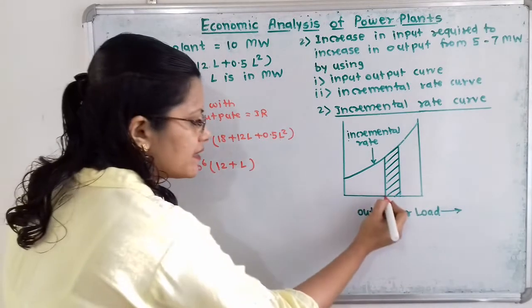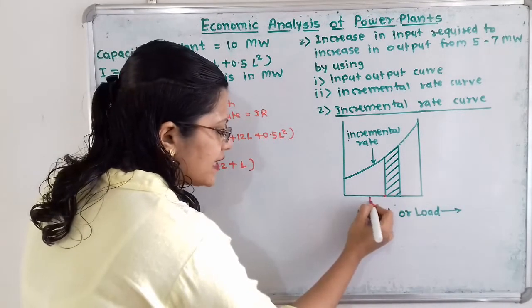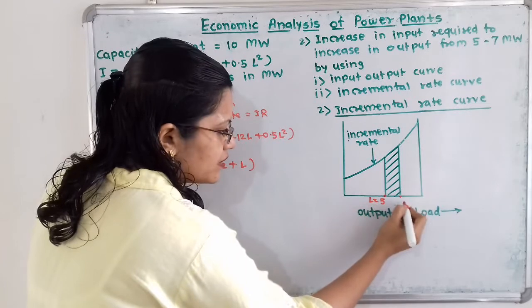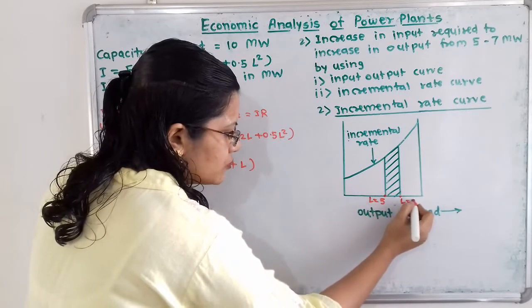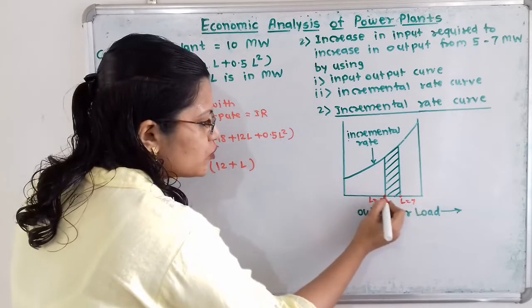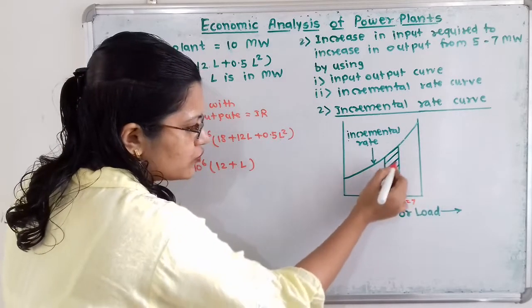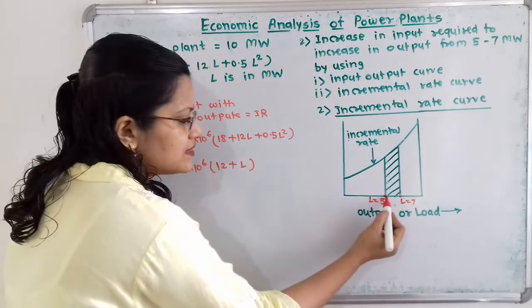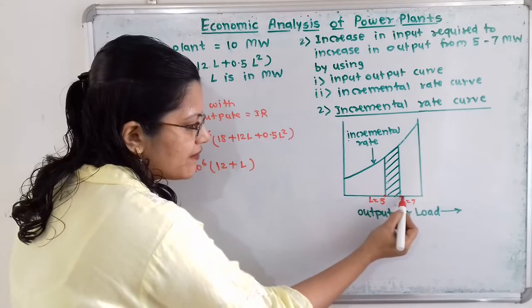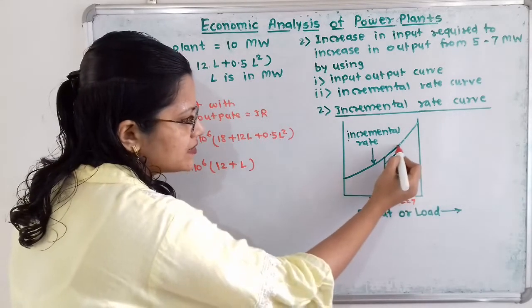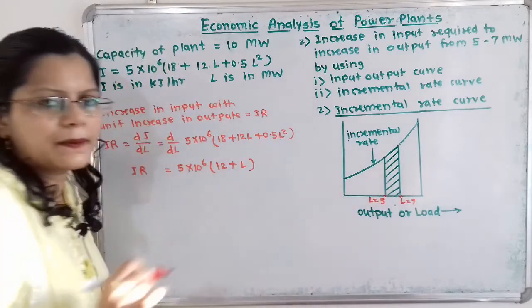So the first point is at L is equal to 5 and the second point is at L is equal to 7. This is the whole section I have shown with these lines, where the load varies from 5 megawatt to 7 megawatt, and here is the curve.